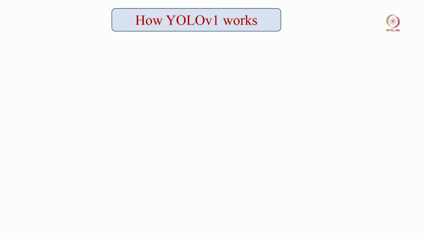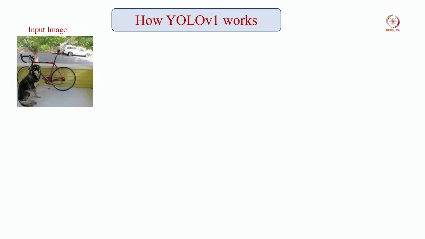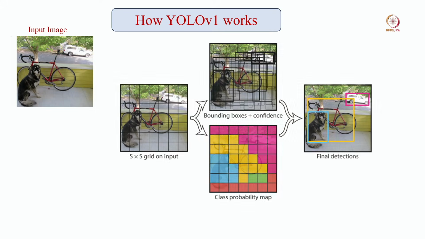Now, we will see how YOLO V1 works. Suppose you have an input image like this, and these are the different steps through which YOLO proceeds. We will see one by one what they are. This is your input image, and the first step is here.